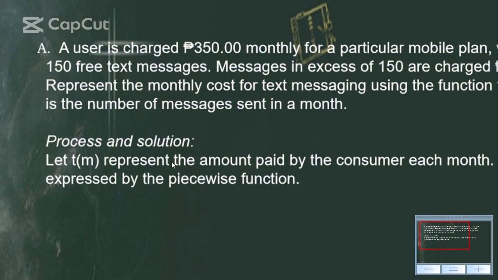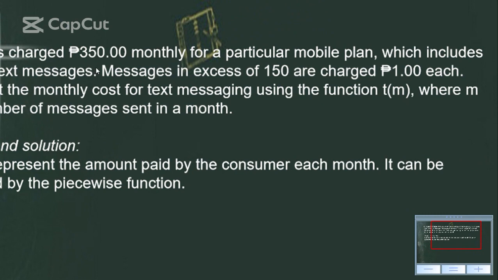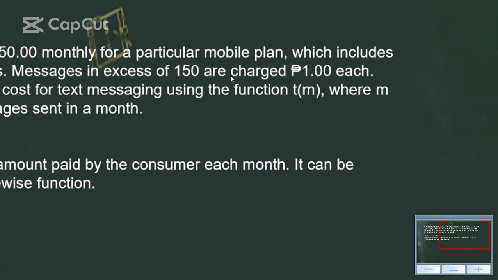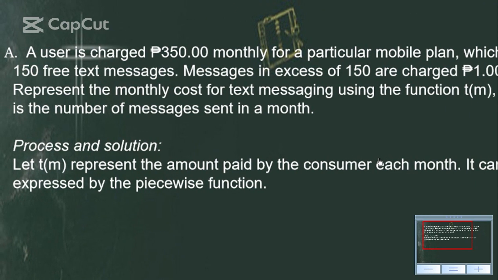So, the problem is, a user is charged 350 pesos monthly for a particular mobile plan, which includes 150 free text messages. So, if I am a user and I avail of this plan, I will pay 350 per month, and I get 150 free text messages.